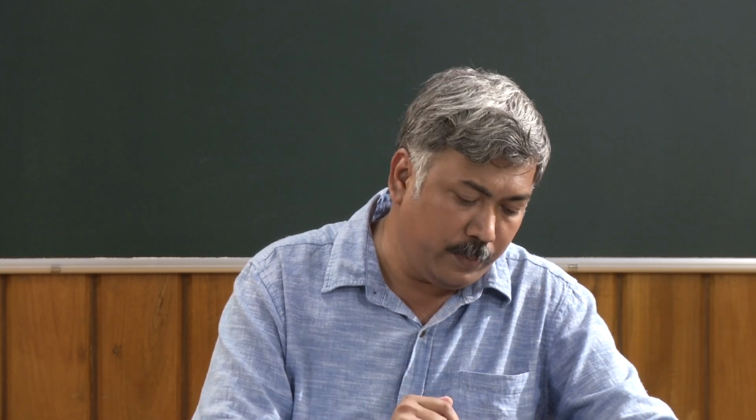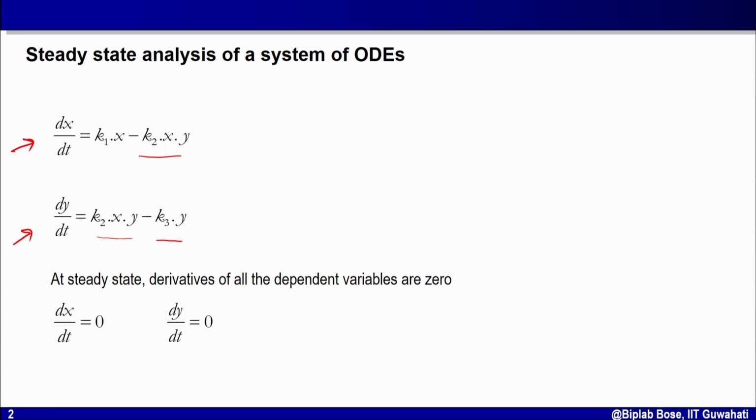So I have two dependent variables x and y, and two derivatives dx/dt and dy/dt. Steady state is achieved when dx/dt is 0 and dy/dt is also 0. At steady state, the derivatives of all the dependent variables are simultaneously 0.